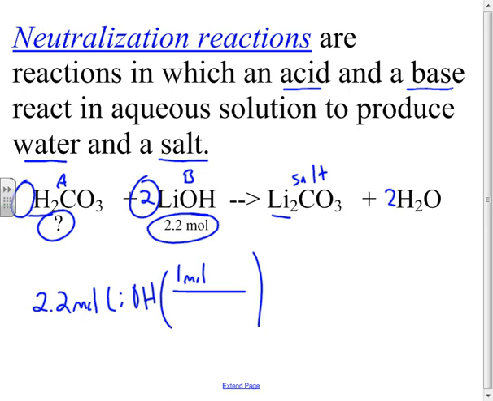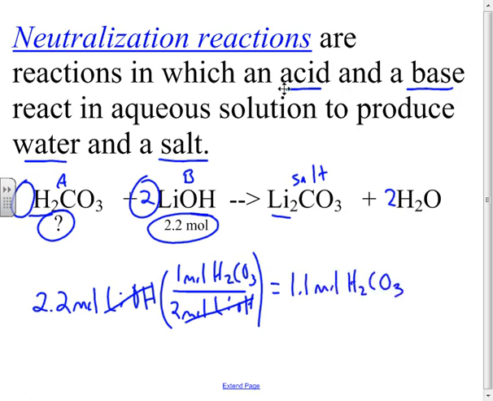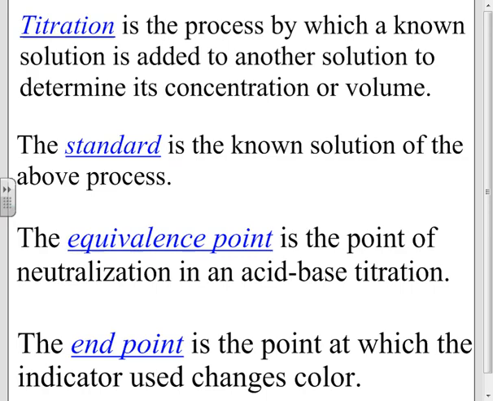There is 1 mole of the carbonic acid for every 2 moles of the lithium hydroxide. That way moles of lithium hydroxide would cancel, and that would give me 1.1 moles of carbonic acid. So again, stoichiometry based on mole ratios.